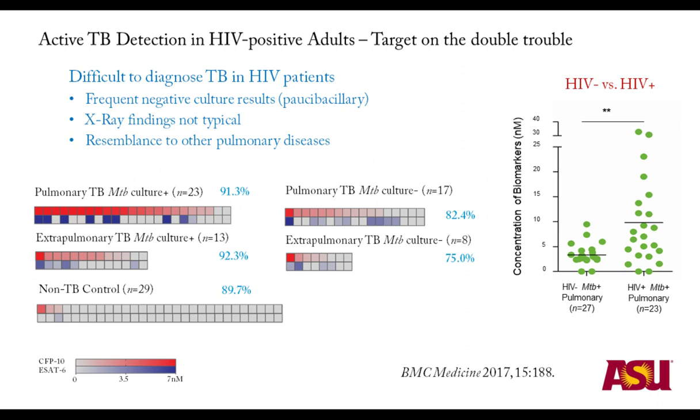This was very surprising to us: we found the blood antigen level in the HIV and TB co-infected patients is even higher than in HIV negative but TB positive patients. We explained this phenomenon as being caused by immunocompromise.